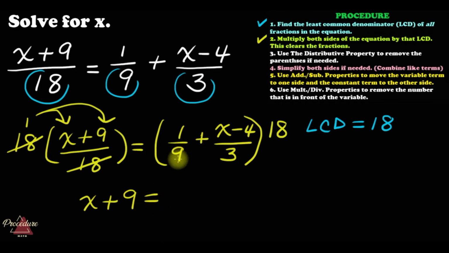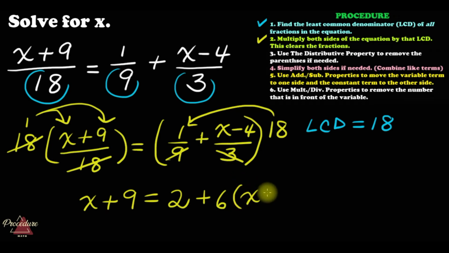On this side, 9 goes into 18 two times, and 2 times 1 is 2, plus 3 goes into 18 six times, so you have 6 times x minus 4. So that's step 2.